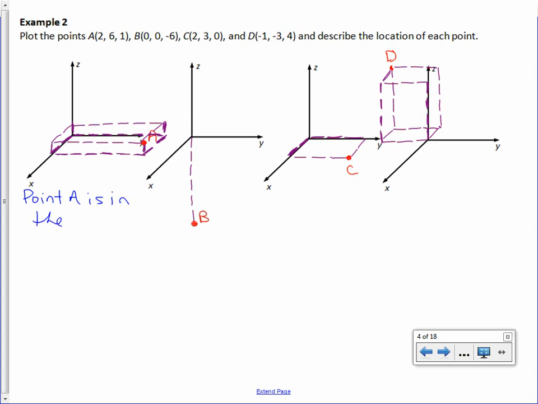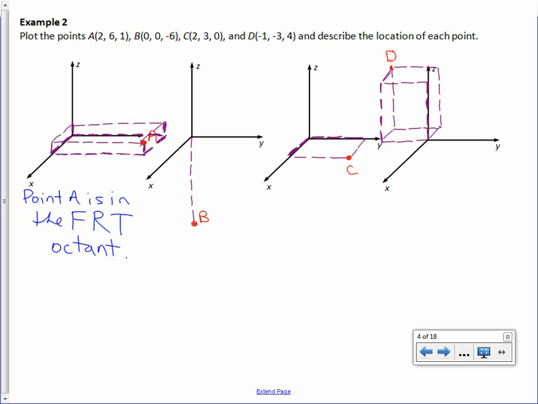How would we describe the point A? Front, right, left, right, top, bottom, top octant. Okay.